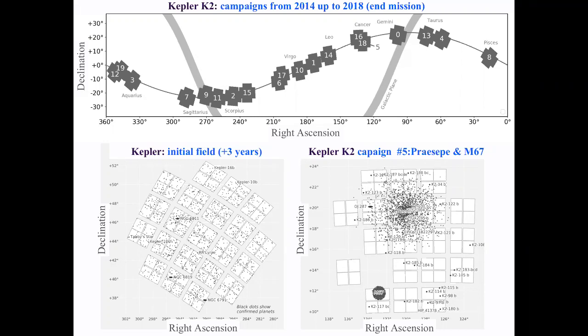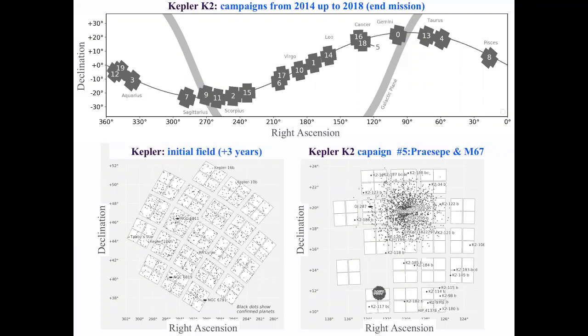And here I'm providing on the right-hand side one example, because this field of view contains 2 open clusters. One of them is very old, M67, about the Earth's age, and the other, Praesepe, is much younger. It's like 600 million years.